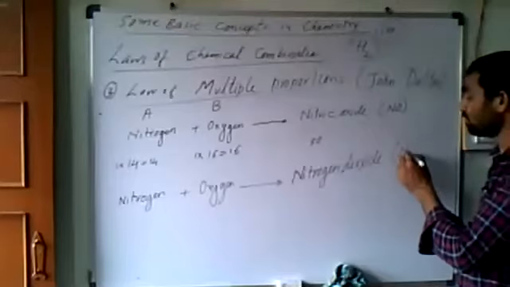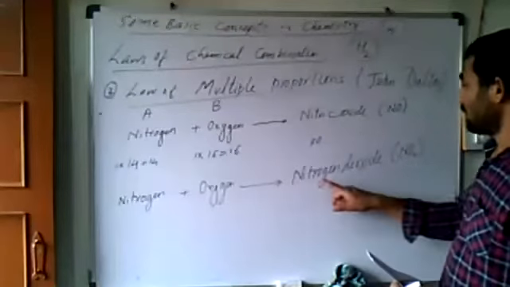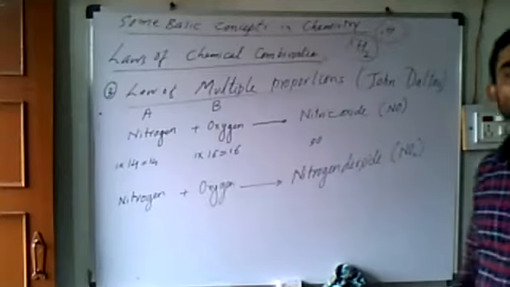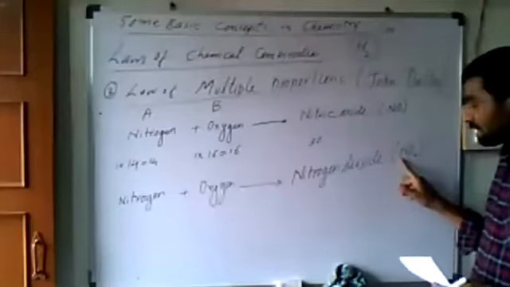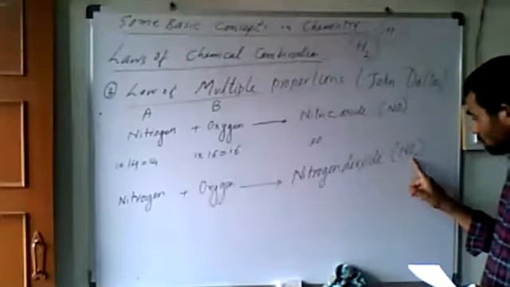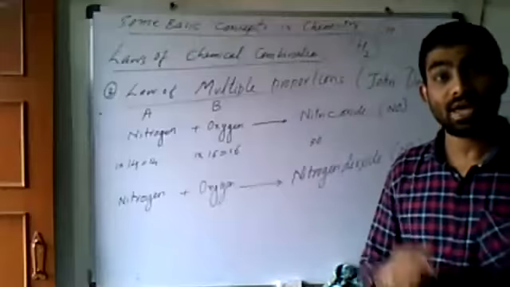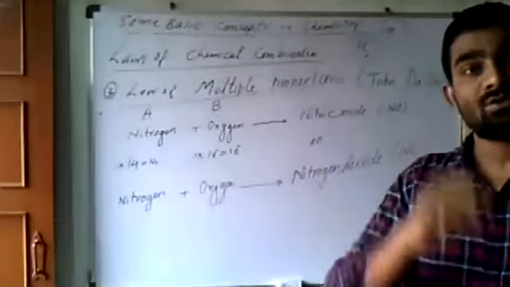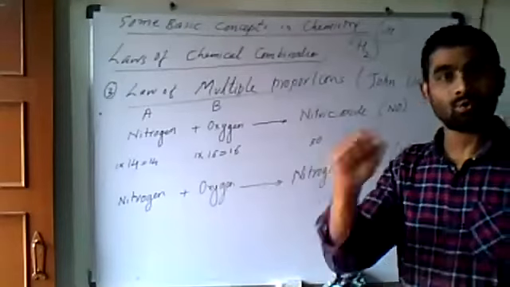What is the formula of nitrogen dioxide? Nitrogen, di means two, oxide means oxygen. Nitrogen dioxide. Nitrogen trioxide, NO3. Dinitrogen dioxide, N2O2.